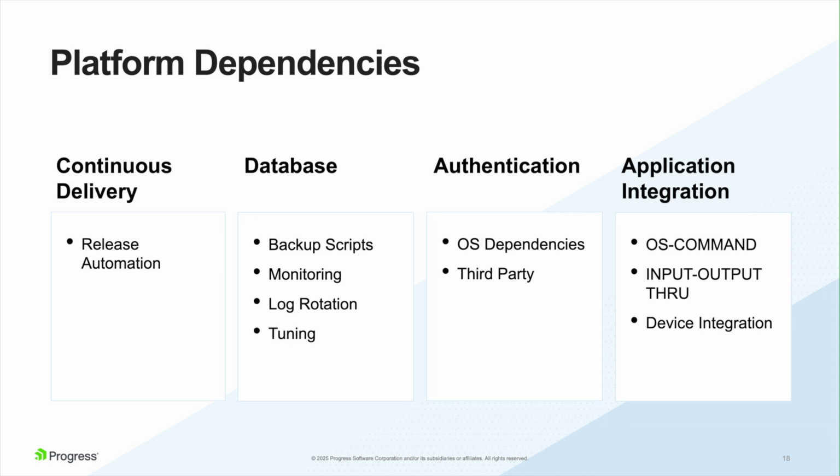If your authentication is dependent on AIX and you're going to Linux or some different flavors of Linux, that has to be looked at and possibly changed. And then also any of your OS commands, input output through device integrations have to be looked at to make sure that they're fully functional on the target server.